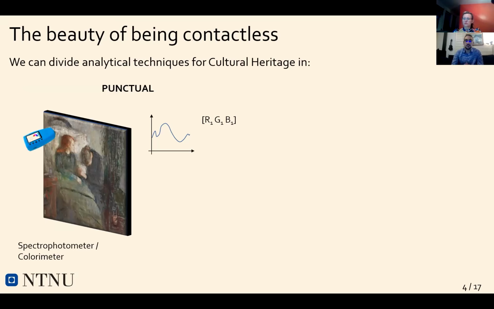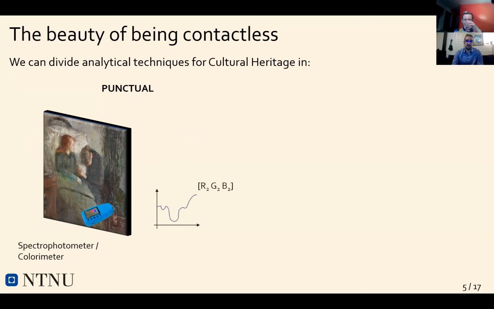This might be familiar to those of you who have used colorimeters or spectrophotometers. We go to a specific point and extract some information. This might be a spectrum, a single value, or a triplet, like RGB. But then you go to the next region of interest and repeat the measurement.